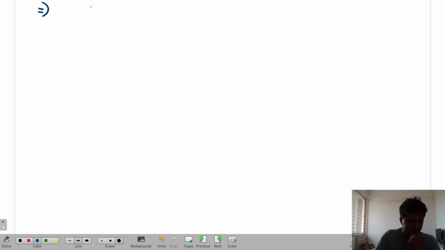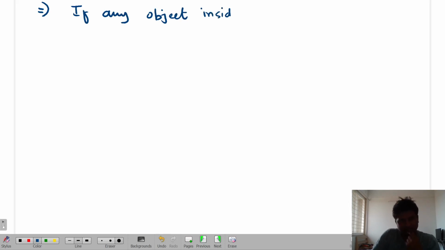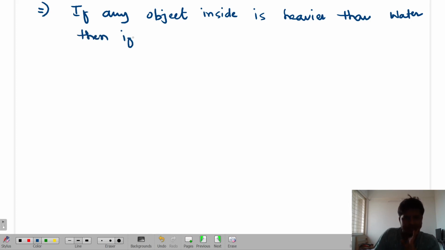So remember that. If any object inside ice is heavier than water, ठीक, then if ice melts, water level always decreases.